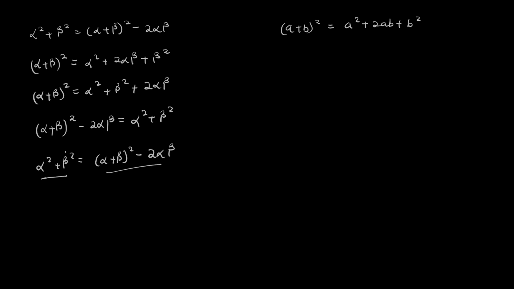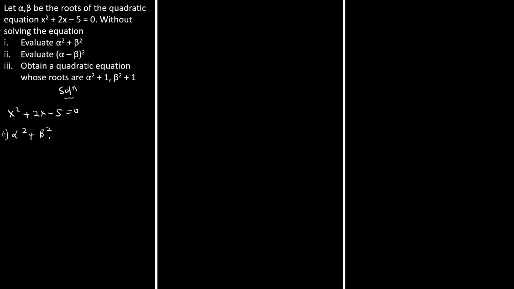So let's get back to the question. Here in the question, we are supposed to get our sum of roots and then product of roots. But first of all, the formula is alpha plus beta all square minus 2 alpha beta, right? And with the equation that was given, x square plus 2x minus 5 is equal to 0. So in other words, x square minus alpha plus beta x plus alpha beta is equal to 0, per the one that we were able to derive.